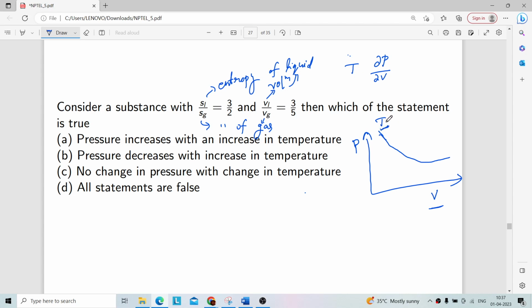As we keep on changing the temperature, let's say this is T1. At some T2, the curve will be different. But at a critical temperature, what will happen? The curve will go like this, and it will remain constant. As the volume changes, the pressure will not change. This curve is for the critical temperature.